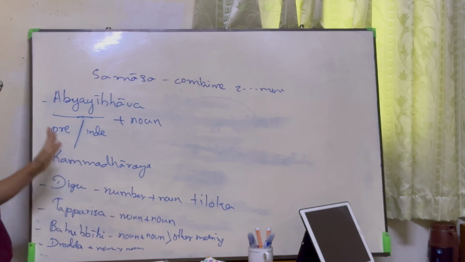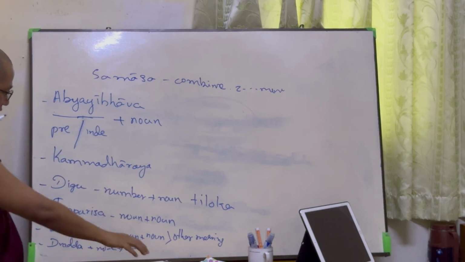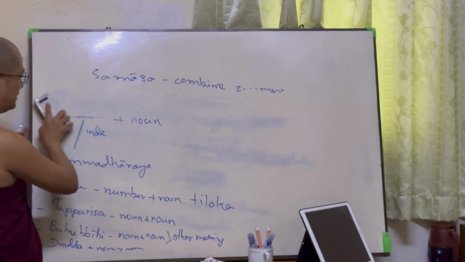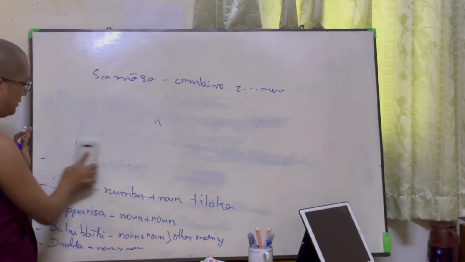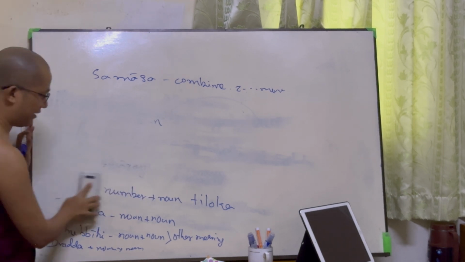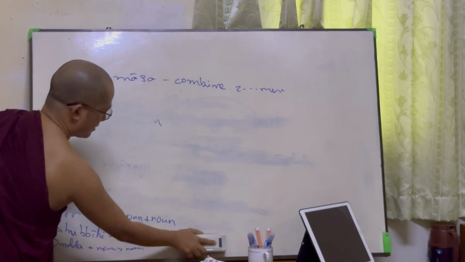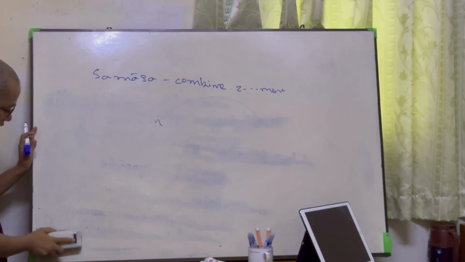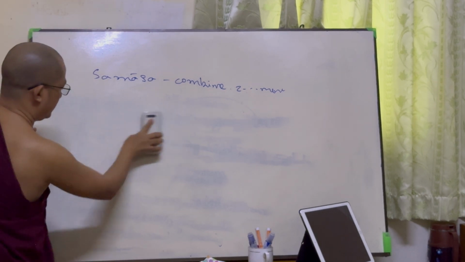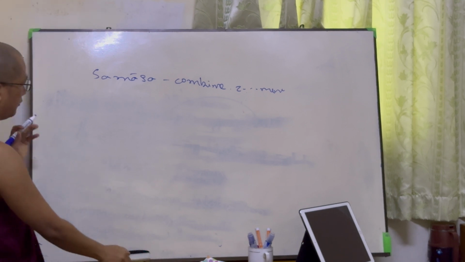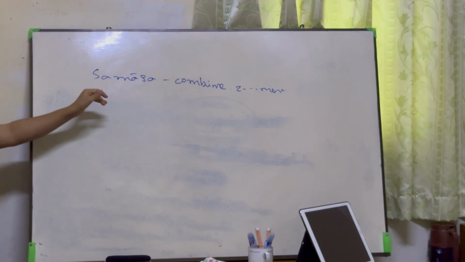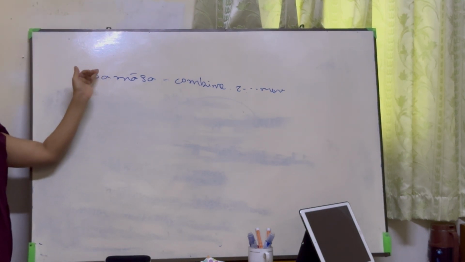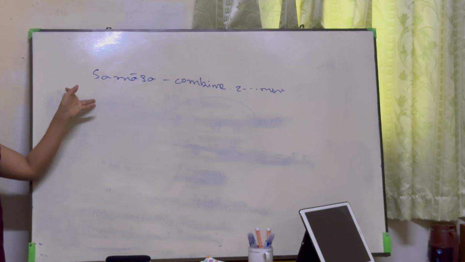Okay, we have noted the six types of the Samāsa. Now I will find out why. I already explained the Samāsa and Sandhi, what are the differences? We create Sandhi so that we can pronounce easily, so we use the Sandhi method.